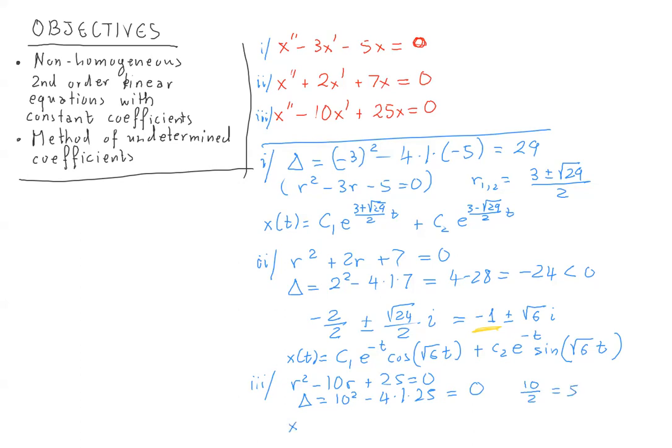So what is your solution? It's going to be c1 e to the 5t. That's the usual one. You would have expected to get that. And then you have that other solution, which is based on the fact that your auxiliary equation has a double root. And that's it. Okay. Questions, please.